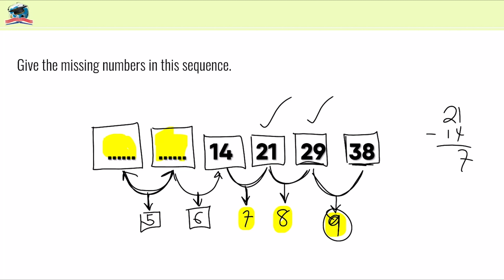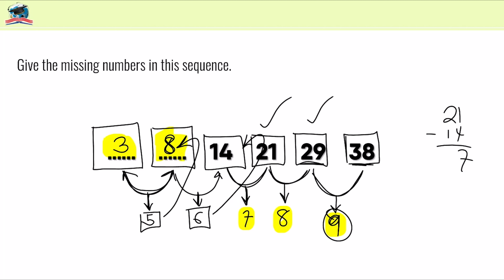And if we take 6 out of 14, that should give us an 8. Excellent. And if we take a 5 out of an 8, we should get a 3.